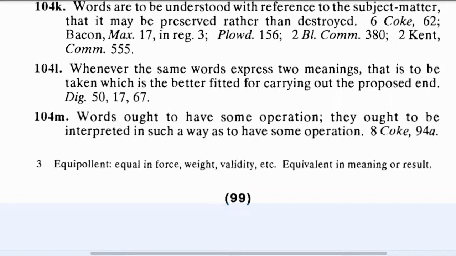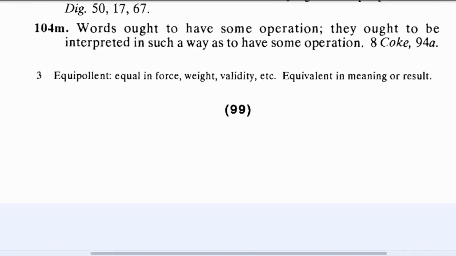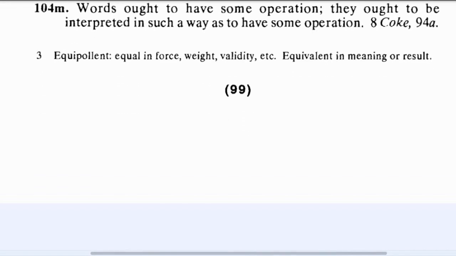Words ought to have some operation. They ought to be interpreted in such a way as to have some operation. So if you're going to interpret words, they should be operative because words ought to have some operation.